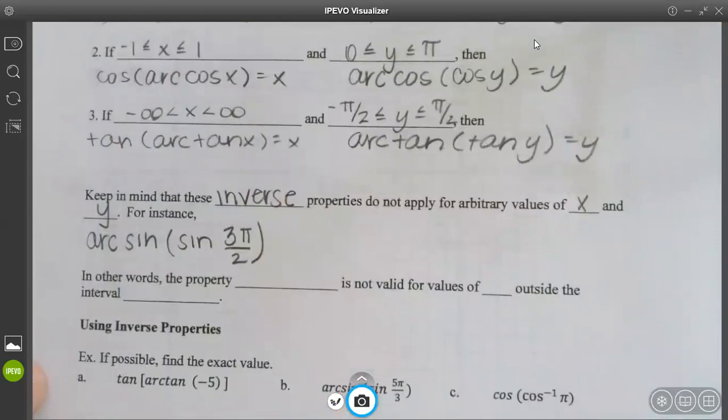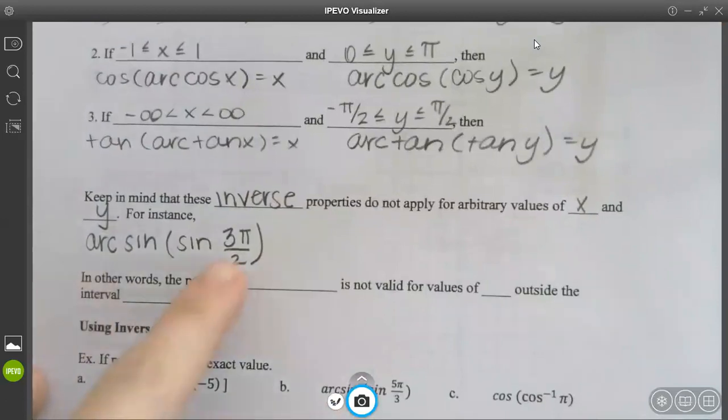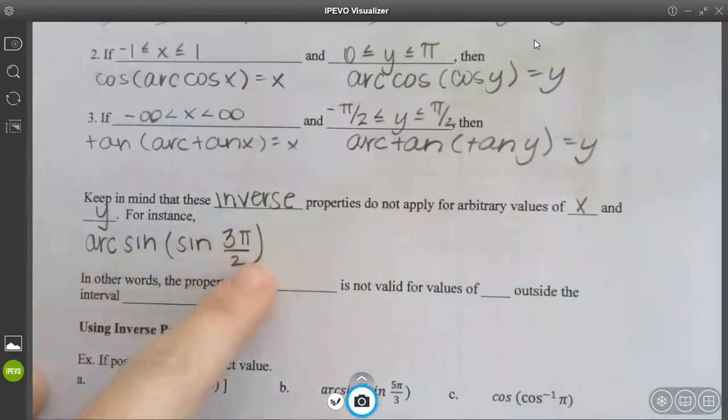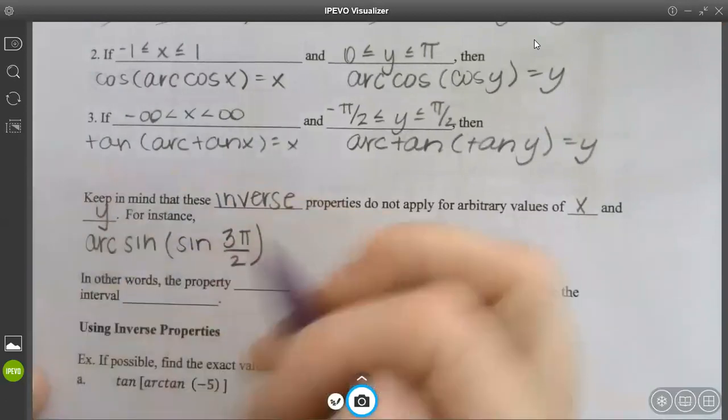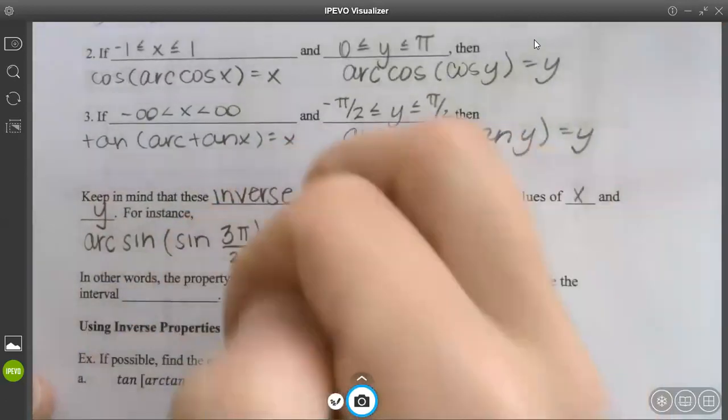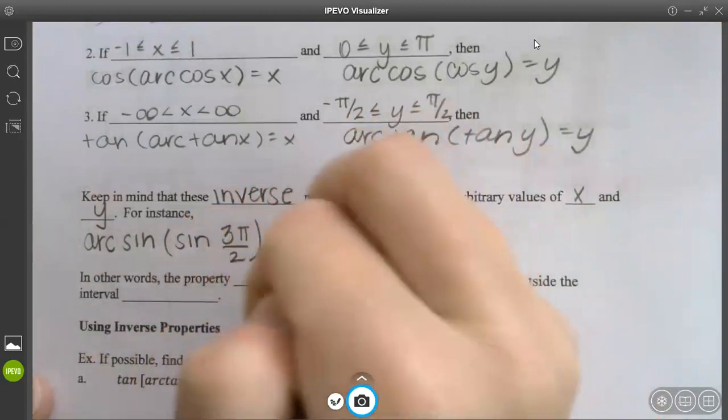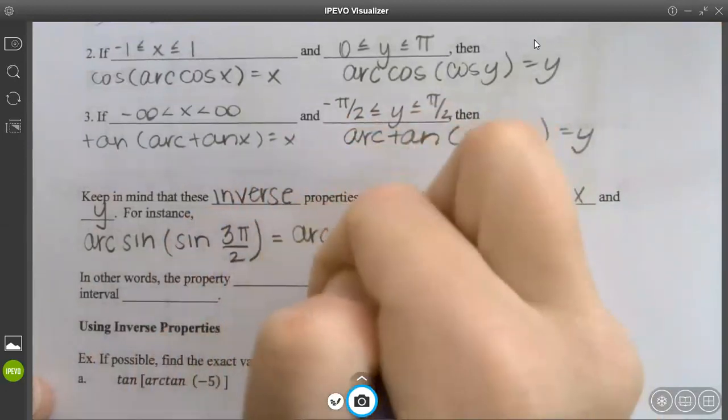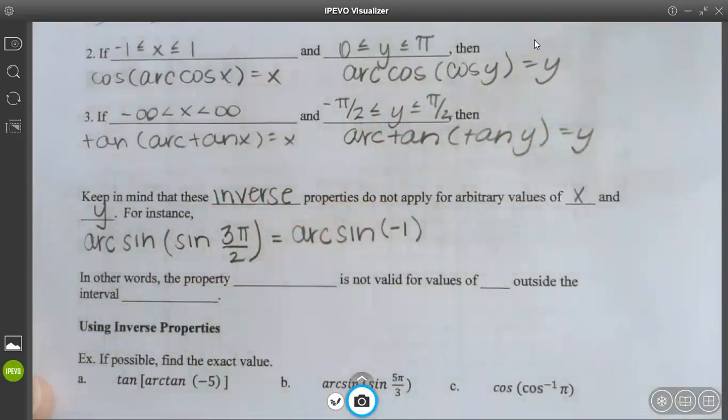Why would this value not work? What value is this? What should it be between? It's too big, right? It's too big of a value. So this would be equal to arc sine of -1.